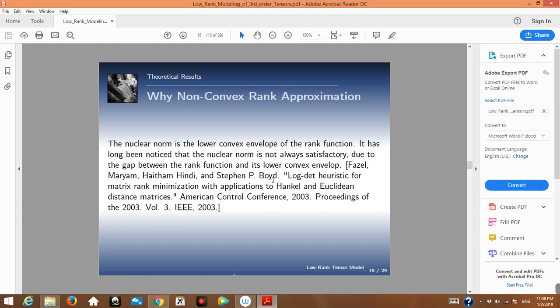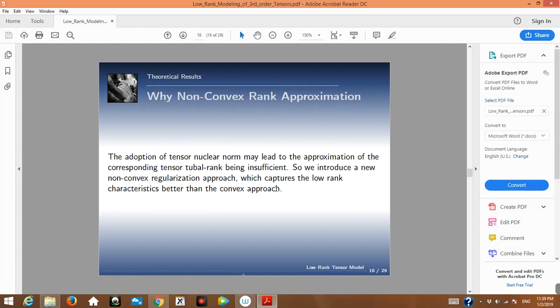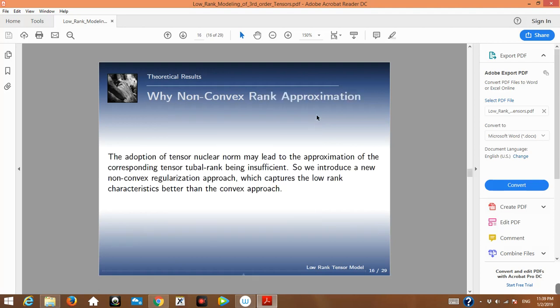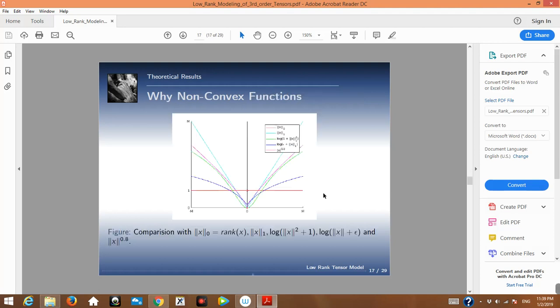Those are very famous mathematicians. So it is better to use another approximation of the rank function. We use a non-convex rank approximation because it can better approximate the rank of the tensor.